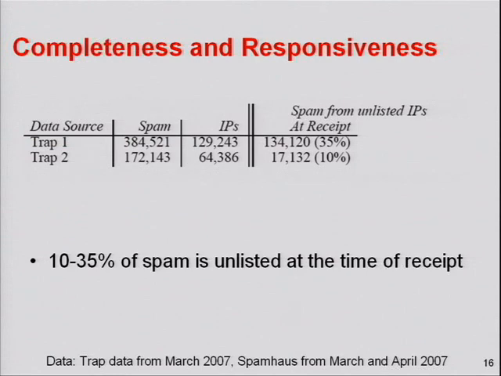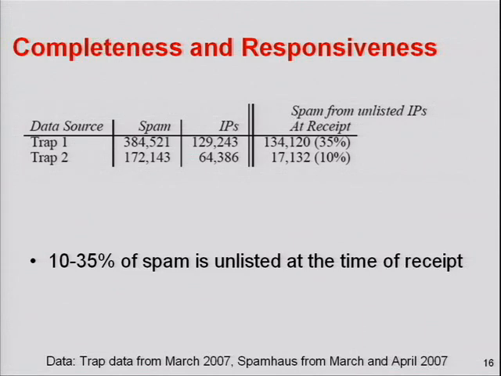Okay, so here's what we did for this. We did a small study. We looked at our spam trap, actually two traps, for about a month in March of last year. And then we looked at Spamhaus at the same time, and we said, okay, at the time these IP addresses sent spam to these traps, was the IP address actually listed?